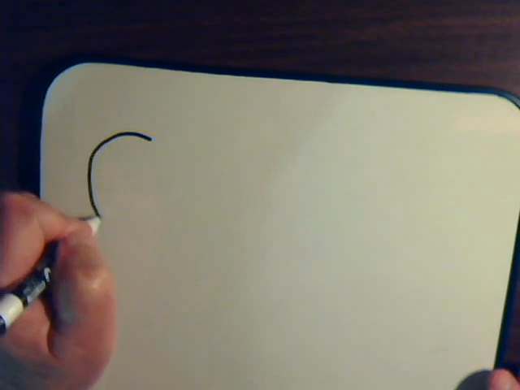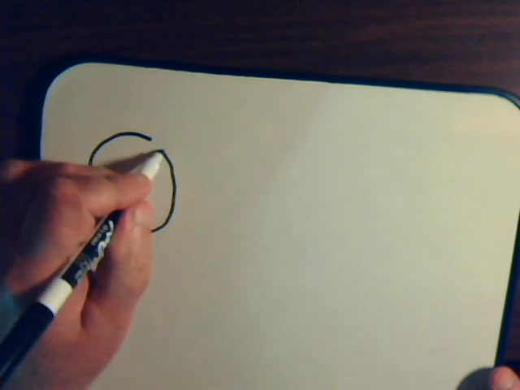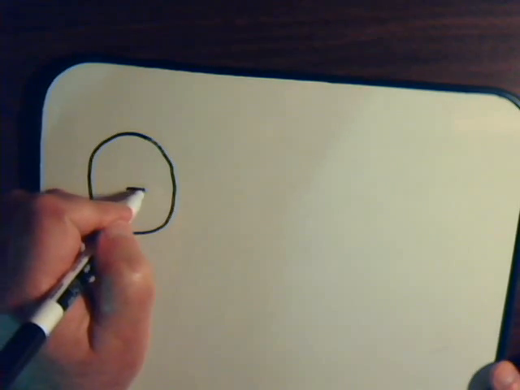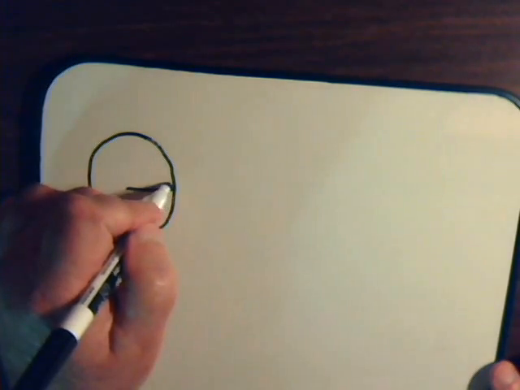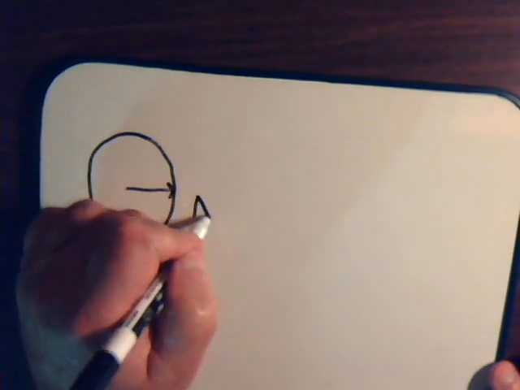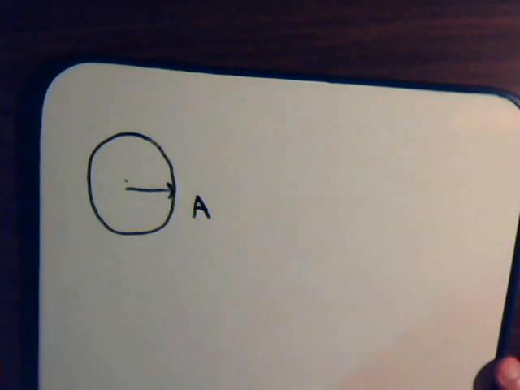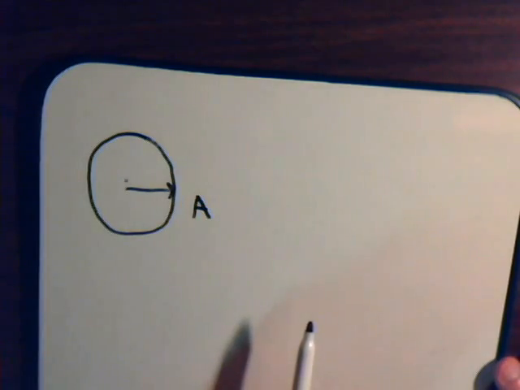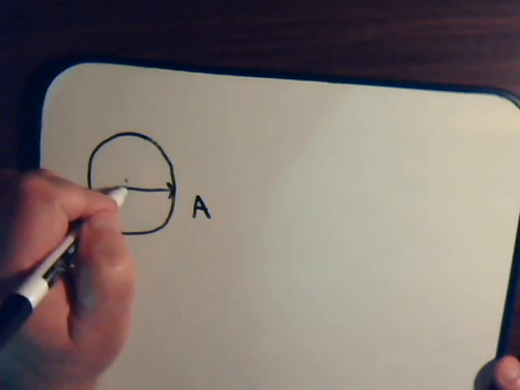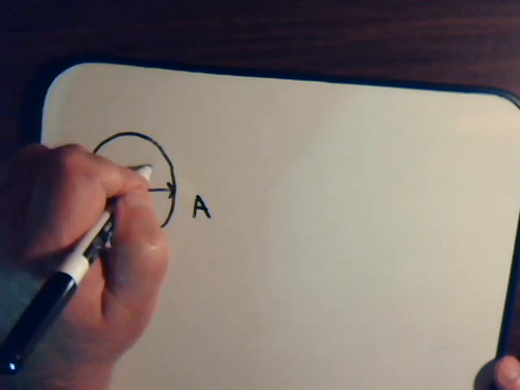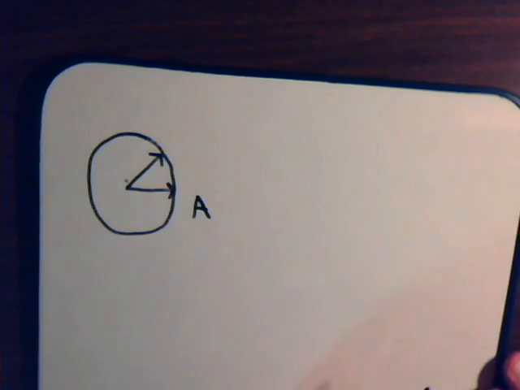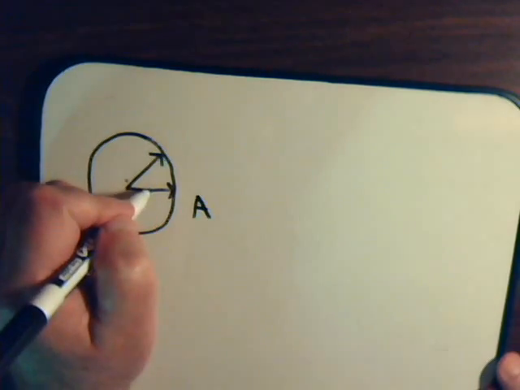Suppose we have it like this, where here we have a radius vector, vector A, of magnitude A. At time t equals 0, it's perfectly horizontal. Then we have a second one, obviously the same magnitude, but this one gets a head start.